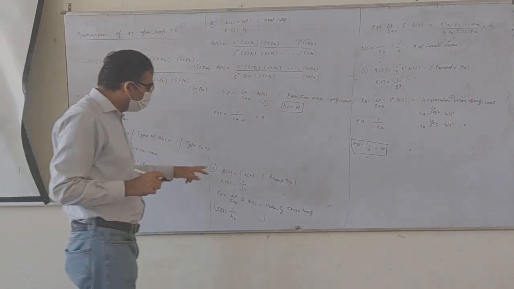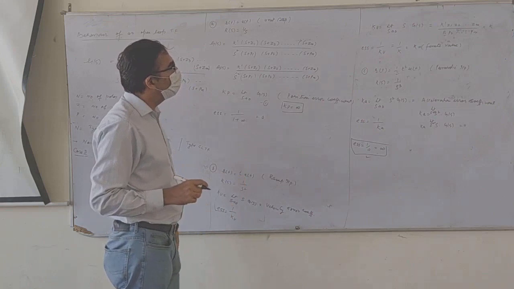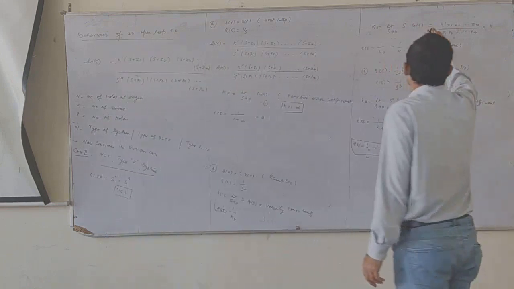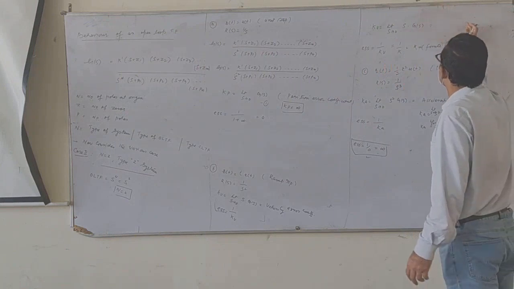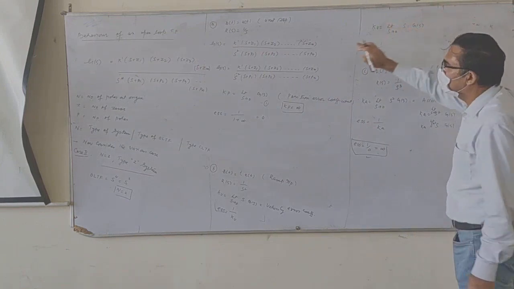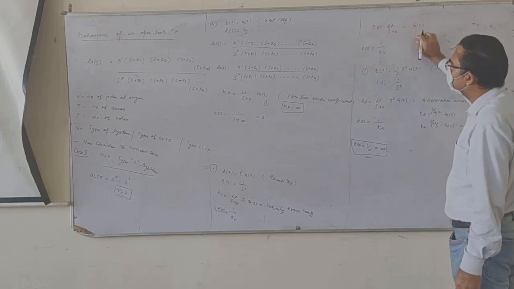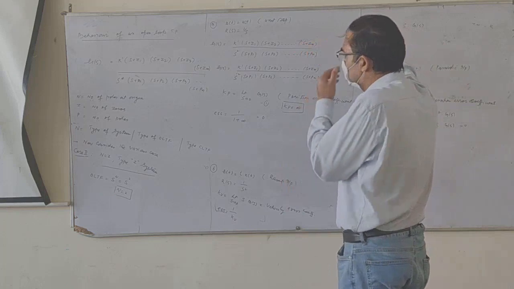Okay. Number 2. Same as g of s. So what is going to happen here? S g of s. G of s is having s square now. One of that will get cancelled. Is it clear? S g of s.